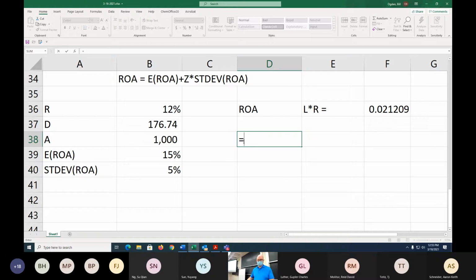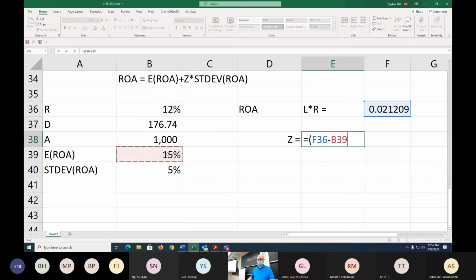And let's do a Z. Well, Z equals R, or ROA, forgive me, minus the expected ROA. And then we'll divide this by the standard deviation of the ROA.